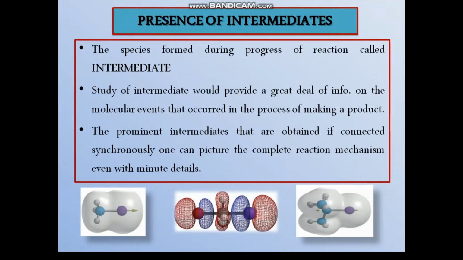Therefore, when we are able to identify the prominent intermediates, and if they are isolatable, we can regard them as dots, and when we are able to connect all these dots, we can get the picture, that is, the pathway by which the reactant becomes product.